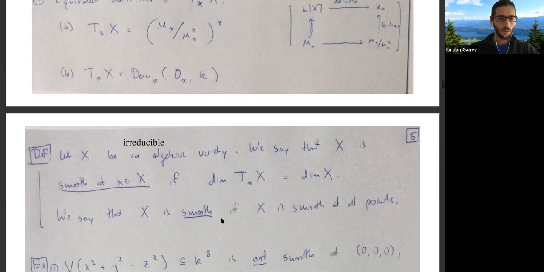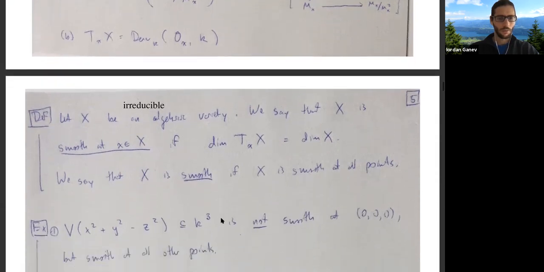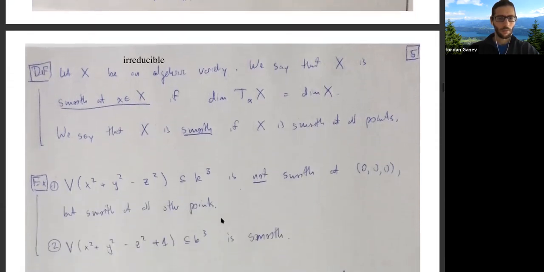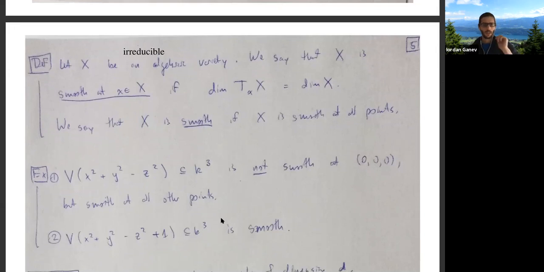Okay, so let's see, what are some examples to get comfortable with? Well, a few lectures ago, I mentioned this variety, the vanishing set of x squared plus y squared minus z squared inside of three-dimensional affine space, K^3. And I said that it's a cone and it's not smooth at the origin.